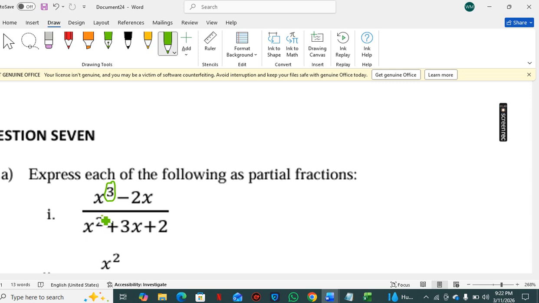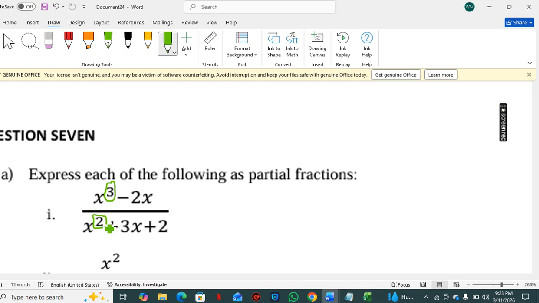You take note of the power, it is 2. Since the denominator has got a lower power, you have got an improper fraction. That's just for your general knowledge. If the power for the denominator is less or equal to the power for the numerator, you're dealing with an improper fraction.